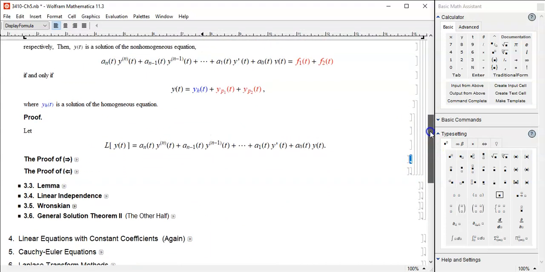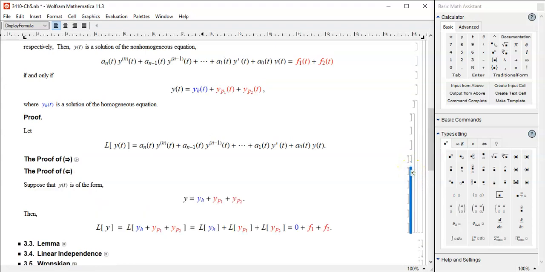How about the other direction? Let's suppose y is given by yh plus yp1 plus yp2. Okay, and then plug everything into this and use the same idea.